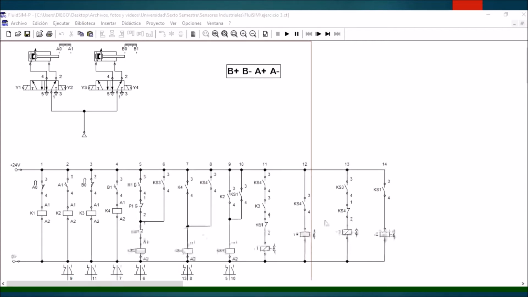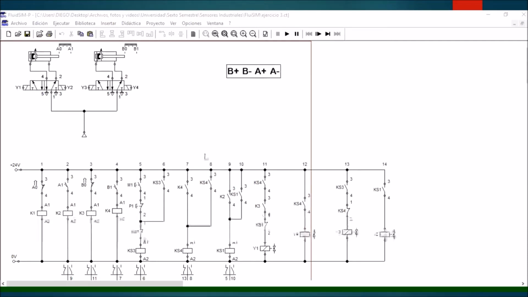In this part, the closed interrupter energizes the relay, and the cylinder passes to the position B0.